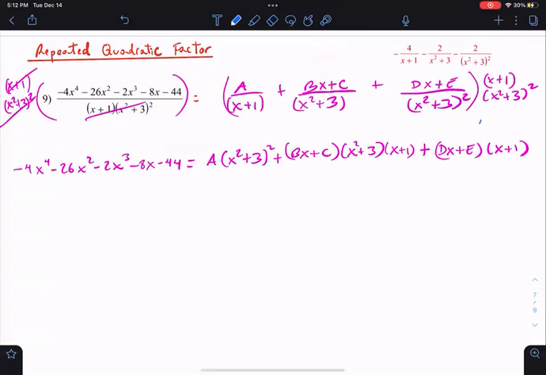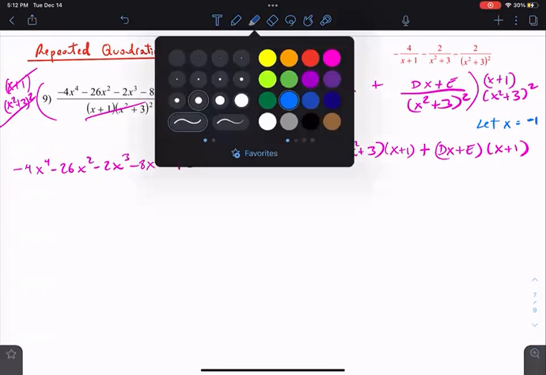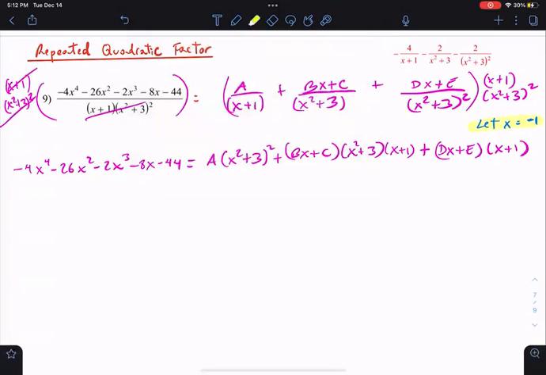To find at least the first term, let x equal negative 1. If I let that happen, this is going to disappear, right?